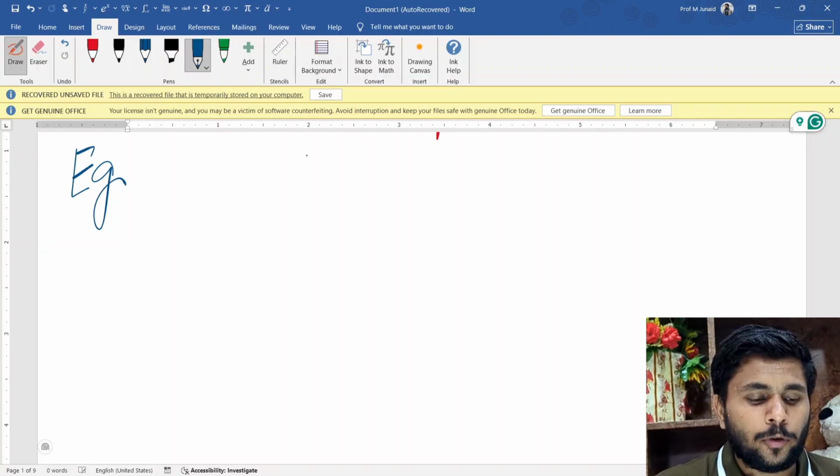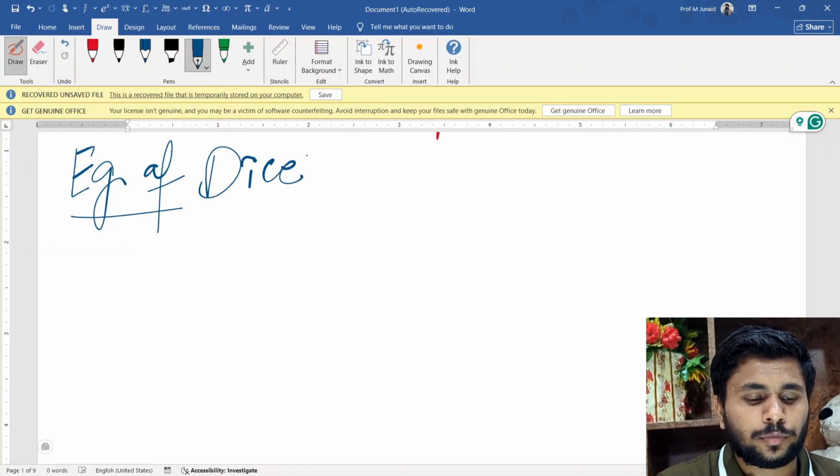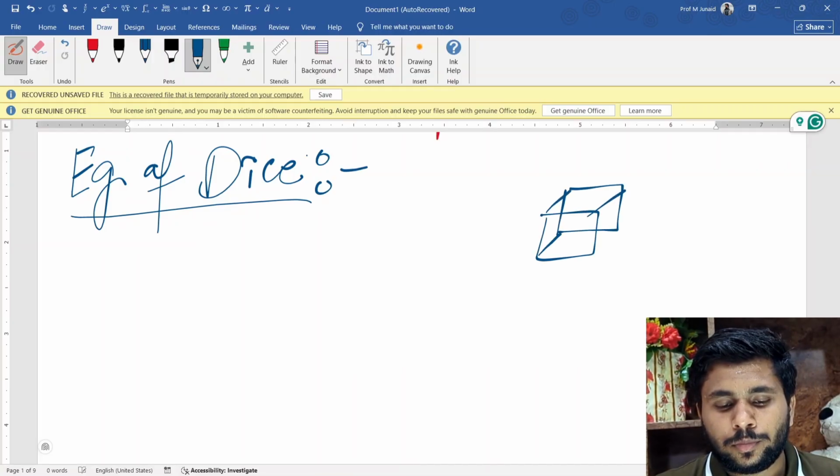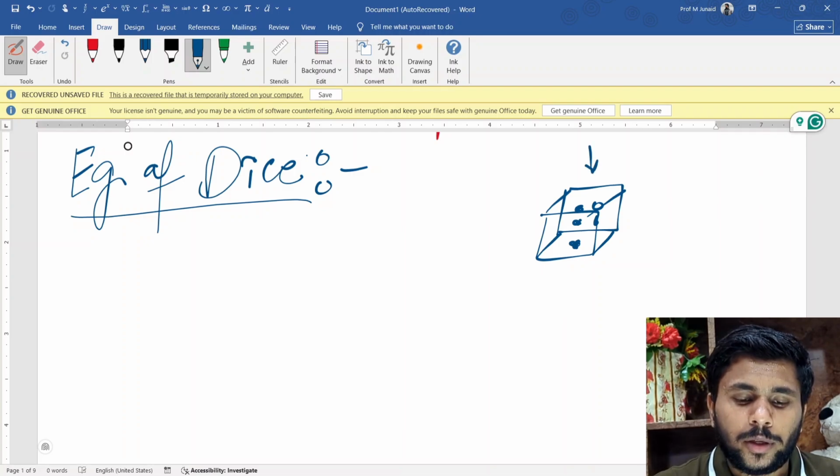Example of dice. You see a dice like in this form. Here are 4 faces, and here is 1 face, and the top contains 3 faces, and many more.